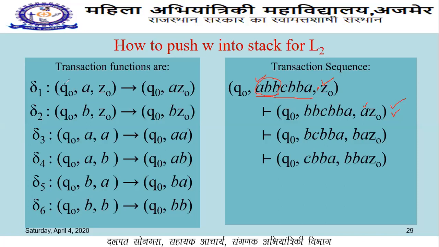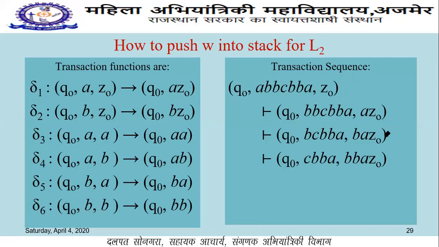Whenever Q0 is the current state of the machine and it reads A from the input and the top element of the stack is Z0, then it pushes this A into the stack and changes the state. In this case, the state is not changed, it remains Q0 because there is no need to remember anything, and we push this A into the stack.